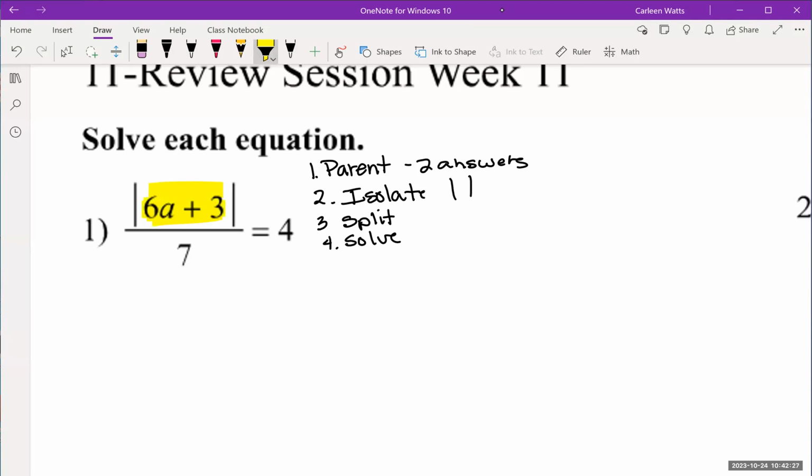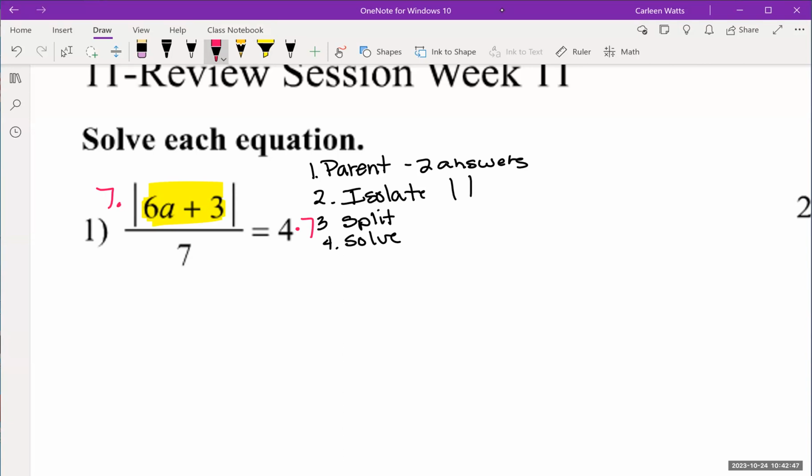What can I do to isolate my absolute value? What number has got to go? The 7. So I'm going to multiply not 7 over 7, 7 over 1. Not a 7 to the top and the bottom.